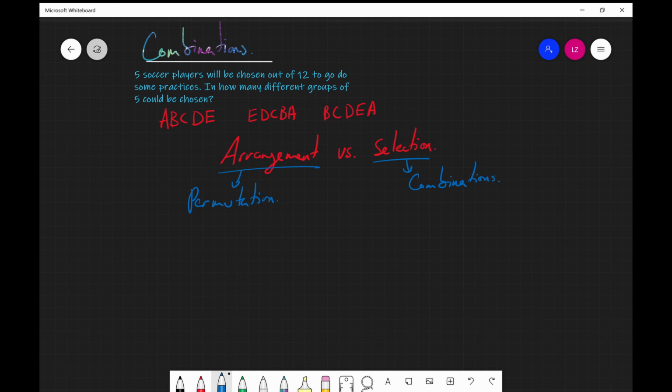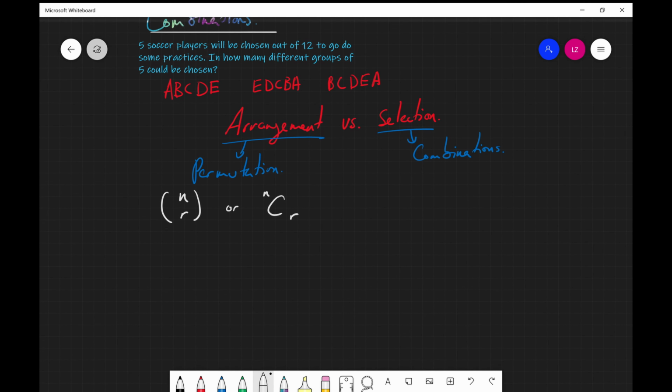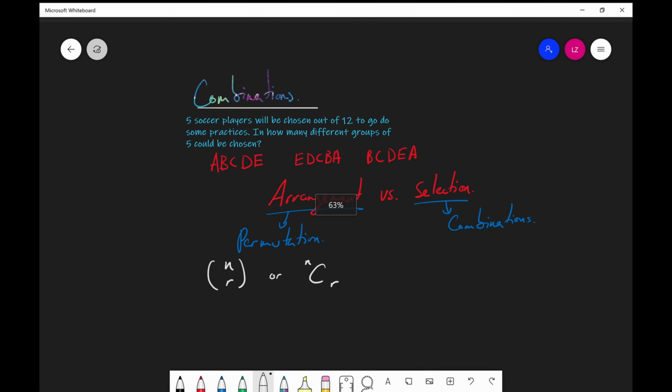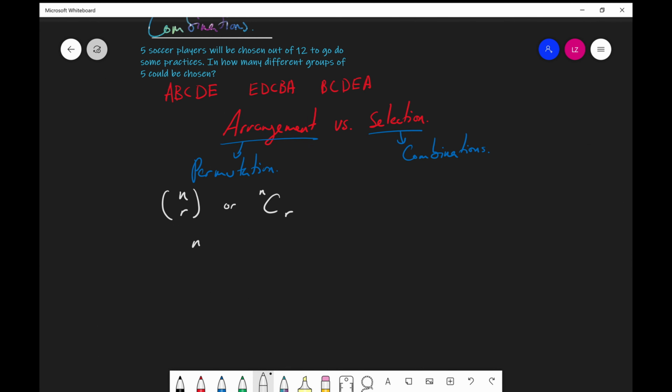Now, in math, combination uses the notation N choose R. Sometimes you'll also see it as NCR. In your formula booklet, there should be a formula which shows you what N choose R is, and in the event that they don't, here it is: N choose R equals N factorial over R factorial multiplied by N minus R factorial.